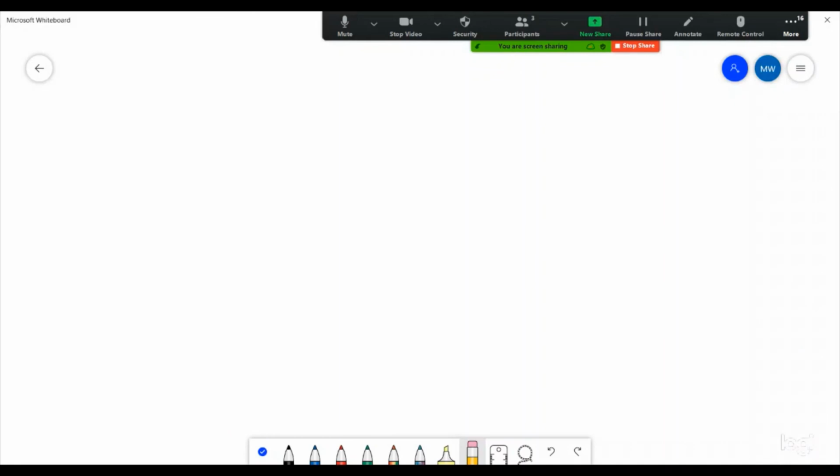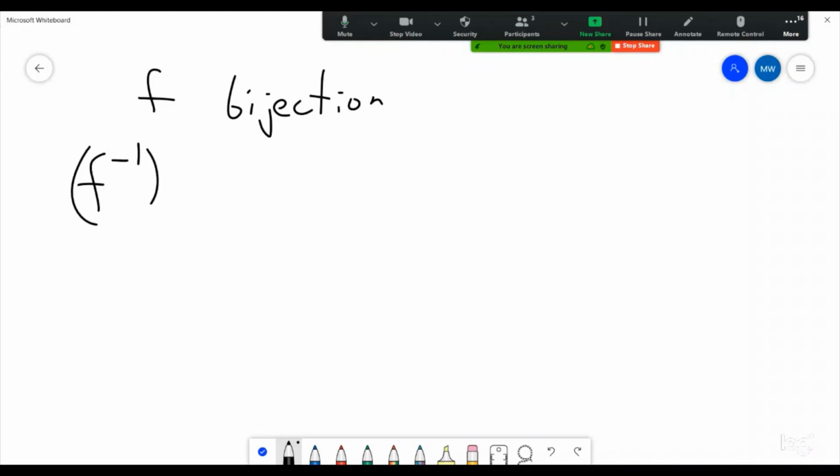I want to understand more 26.20. 2620. Let's see. Okay. Are there any of the particular ones that you want to do, where f is a bijection, which says that f inverse equals f?